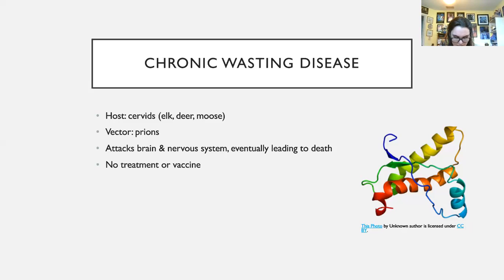This disease attacks the brain and the nervous system and ultimately leads to death. And unfortunately, there's no known treatment or vaccine. So again, there's really no specific management strategies or treatment options, unfortunately, which is very, very sad.